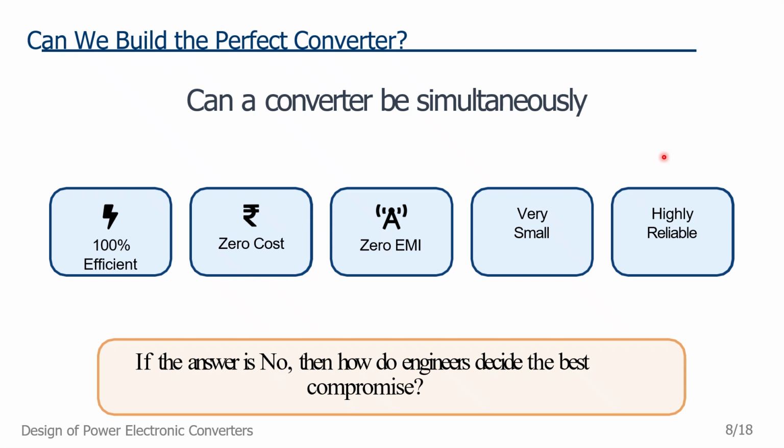So every unit of this course is an attempt to answer one question: how can we design the best possible converter while balancing multiple conflicting requirements. We are going to design a converter which is best possible, optimizing all these characteristics. This is why converter design is an optimization problem.